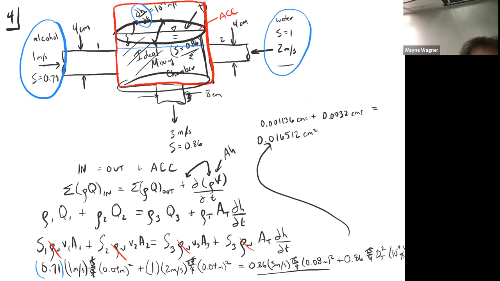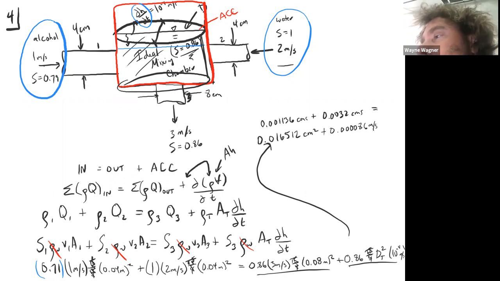Okay, so far that's the dominant term, what's leaving. And then this one right here, plus let's do 0.86 times 10 to the negative 4, which is 0.000086, and the units on that are meters per second, times d t squared.